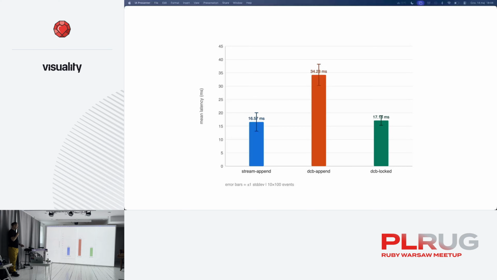And the results of DCB append with serializable isolation level were also curious. But then I've read about the algorithm that Postgres uses for serializable isolation level, that predicate locking. And it turns out that the reason for such high latency was that I was appending non-depending data, but the data was so similar, like it was the next version numbers or very similar strings, and probably they all went to the same leaf of the index of the binary tree, and that caused false positives from that mechanism.